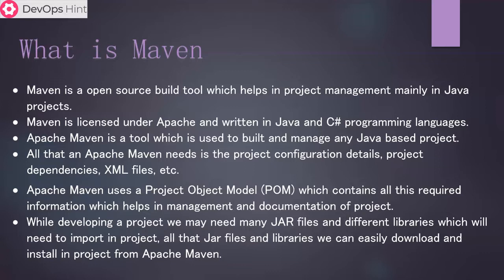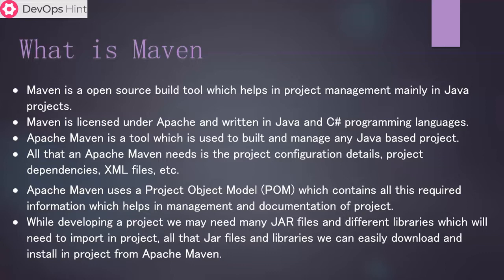Okay, and we can see the final output. Next point: Apache Maven uses the project object model, which contains all the required information, which helps in management and documentation of the project.